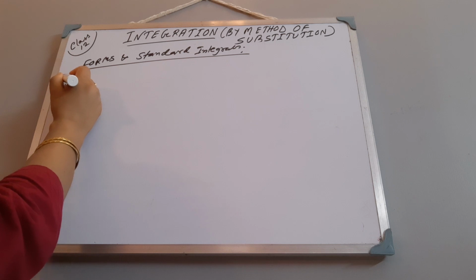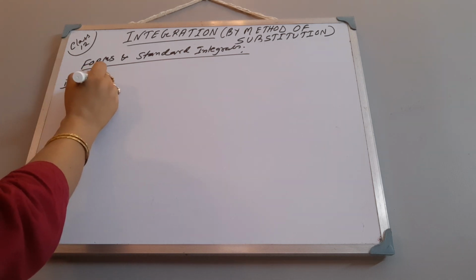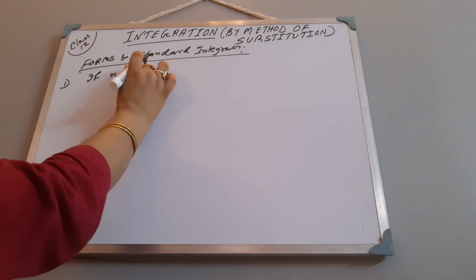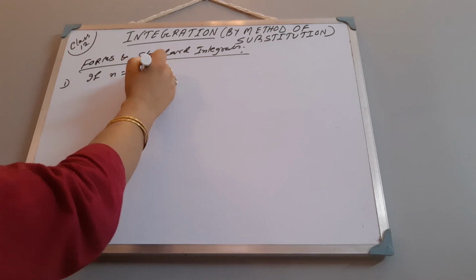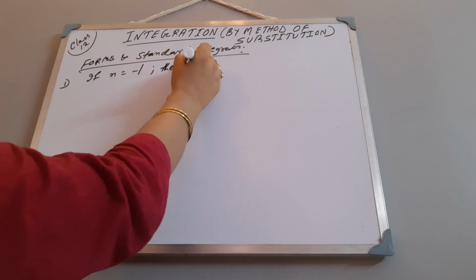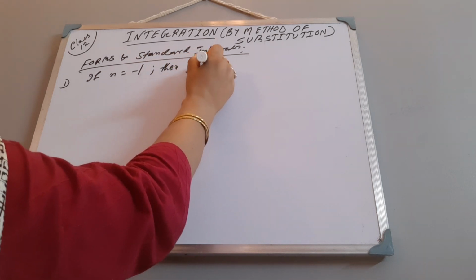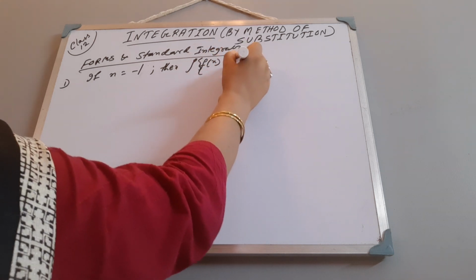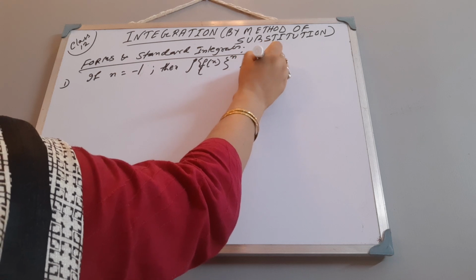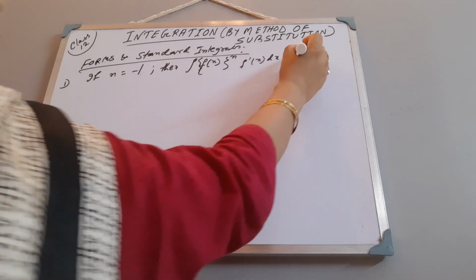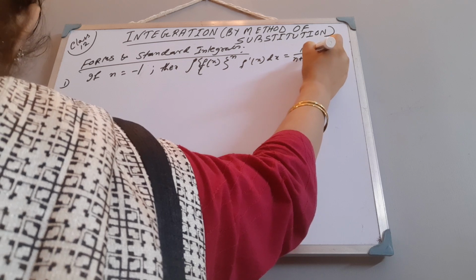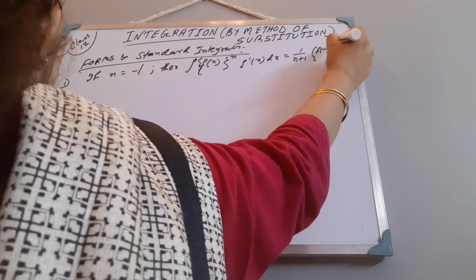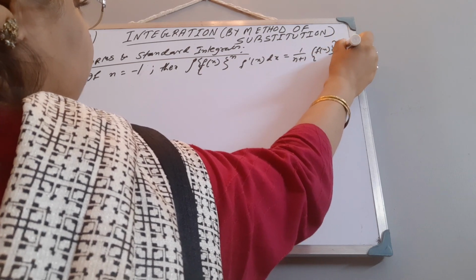Number 1, if n is not equal to minus 1, then integral [f(x)]^n f dash(x) dx is equal to 1 by (n+1) [f(x)]^(n+1) plus c.